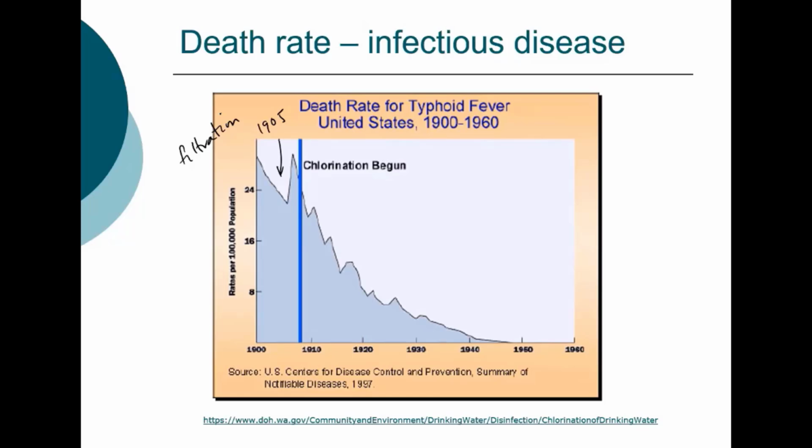And then in about 1908, chlorination was begun. And you can see that between filtration and chlorination, there has been a significant decrease in the death rate of typhoid fever. And this is before the introduction of penicillin and other antibiotics. So it really is the treatment of water that has had a significant impact.